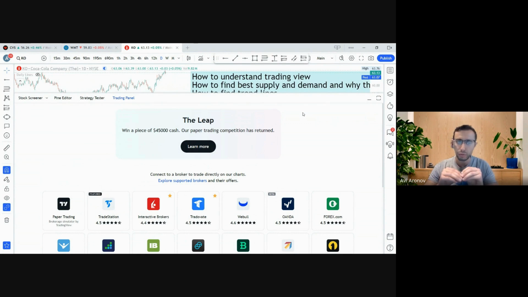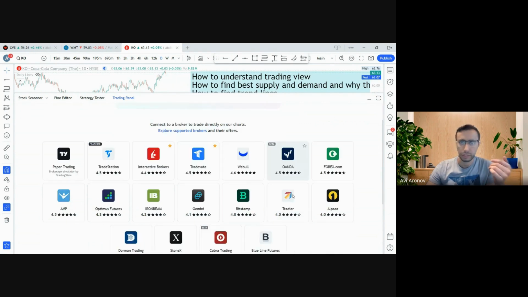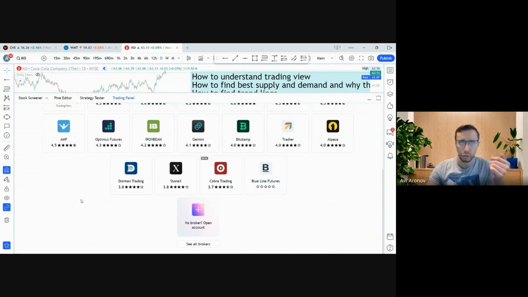But it's important that you understand to never trade emotions, only trade your plan, otherwise we're going to see losses. You can connect your broker to the platform. I personally don't really recommend it, but you can. There are all those different brokers.